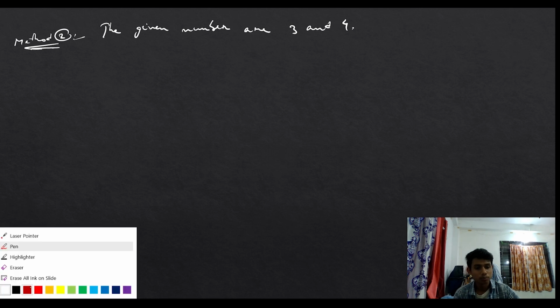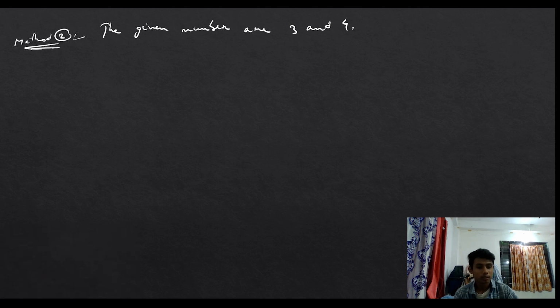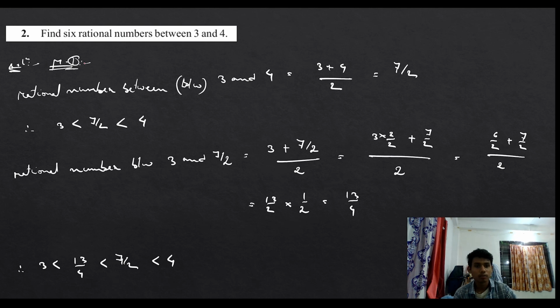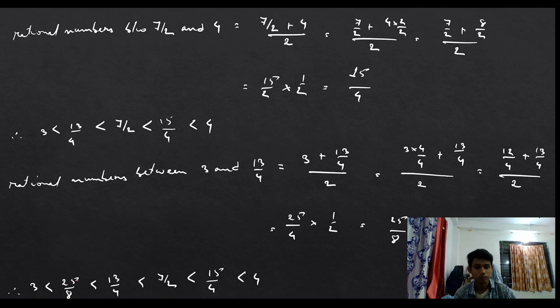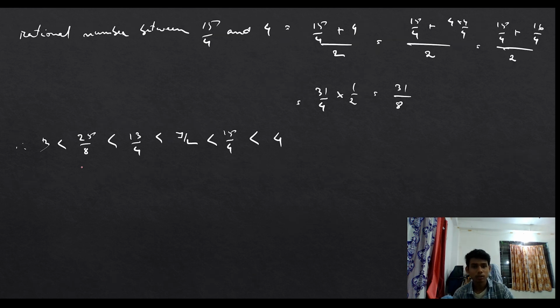The given numbers are 3 and 4, and by the trick we find 6 rational numbers. So we have 1, 2, 3, 4: first, second, third, fourth.